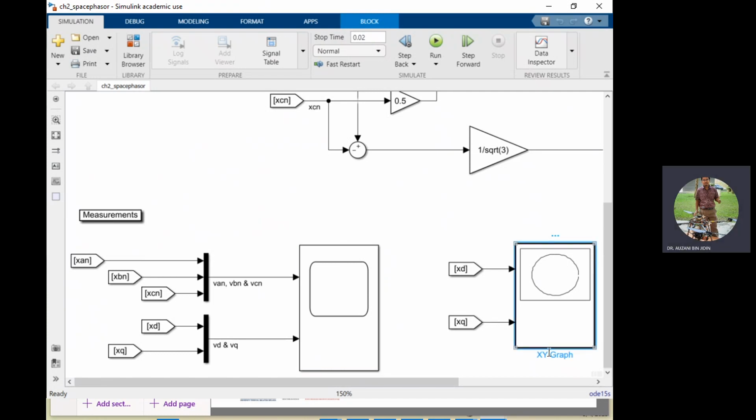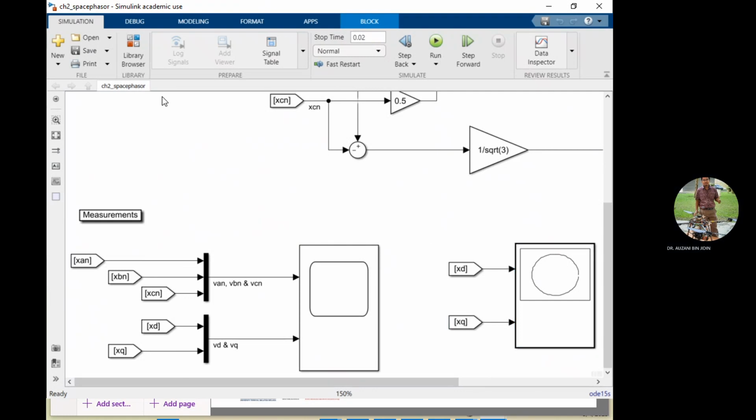Another scope here is the XY graph. It's not the normal scope that plots voltage versus time or current versus time. This one plots in XY mode, for example VD versus VQ. VQ is the Y-axis and VD is set as the X-axis.